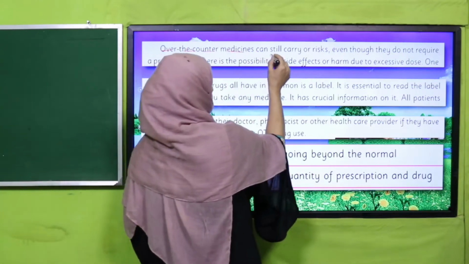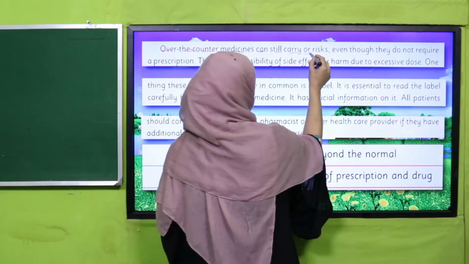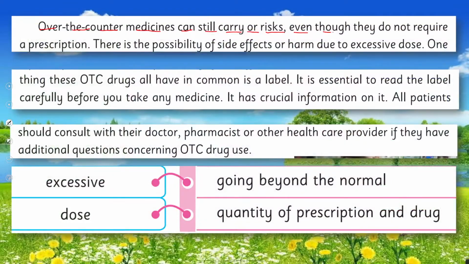Over-the-counter medicines can still carry risks even though they do not require a prescription. There is the possibility of side effects or harm due to excessive dose. What does the word excessive mean? Excessive means going beyond the normal.